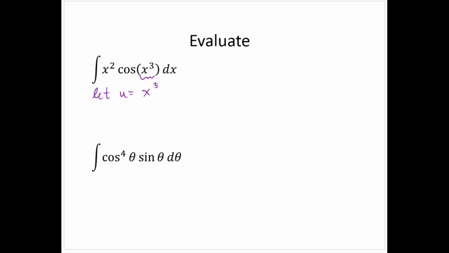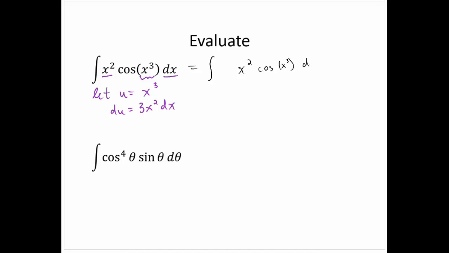So if u is x cubed, then du is 3x squared dx. Now if I look at this, I see the x squared and the dx, but I need a 3 as well. So what I do is I rewrite this. I have this integral, and I have the x squared cosine x cubed dx.